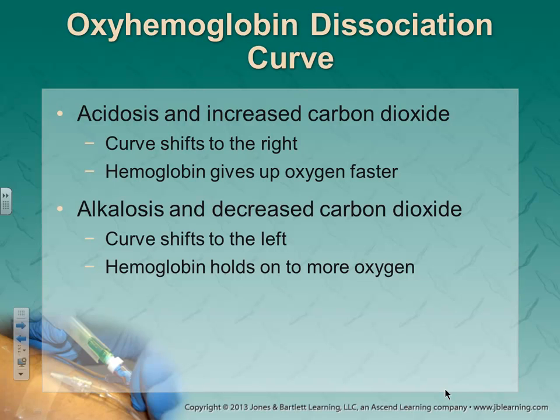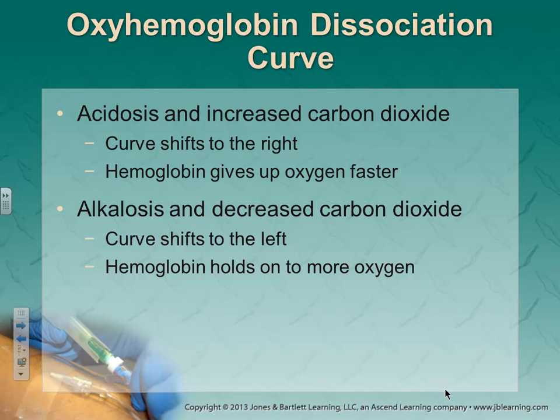acidosis is not necessarily going to interfere. Let me see if I can think of this right. Acidosis is going to keep the oxygen from entering into the cell. If somebody's in acidosis, the cell's going to have a hard time uptaking oxygen, okay?